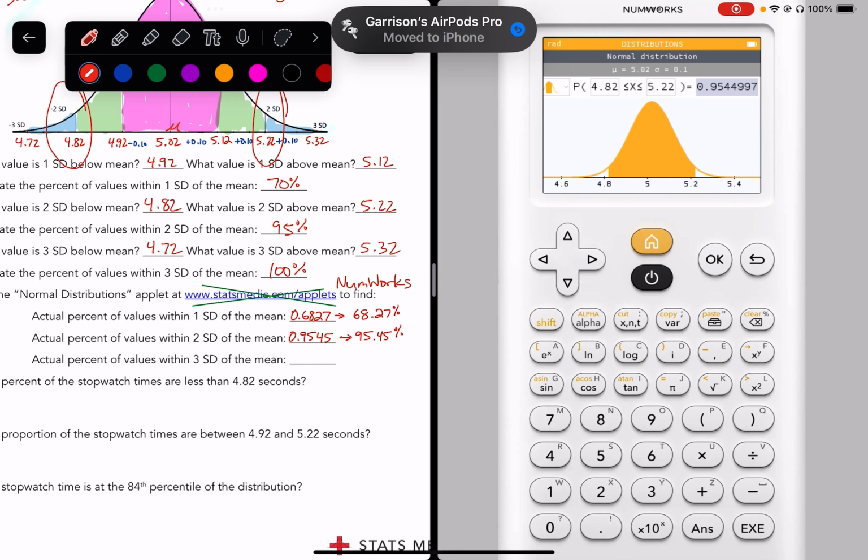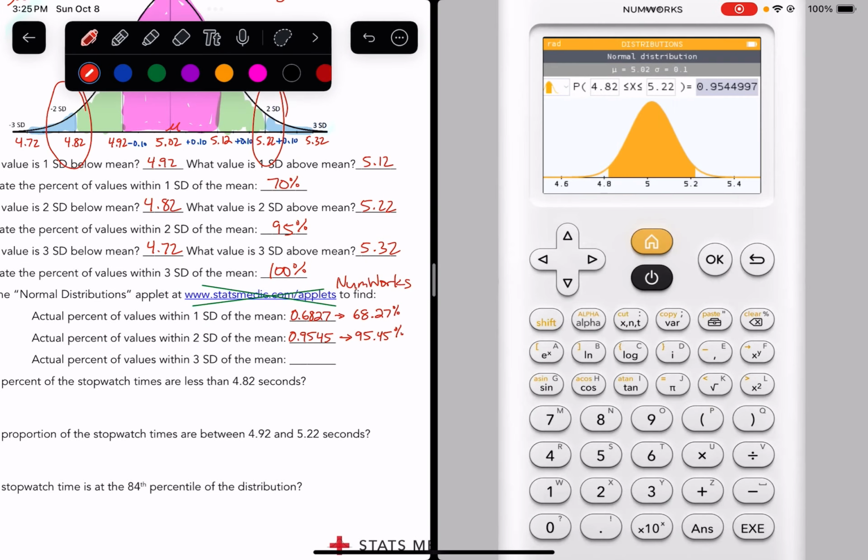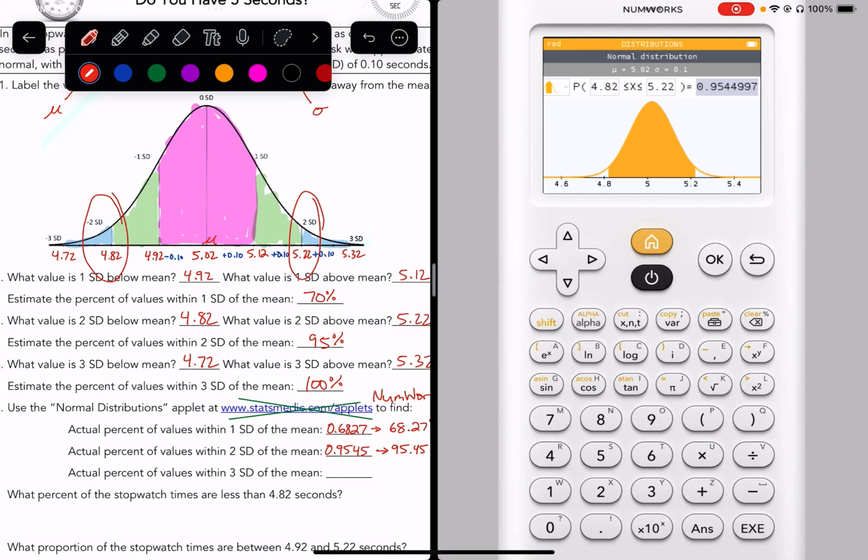Then the actual percent within three standard deviations will be from 4.72, right? -3 is at 4.72, all the way to +3 at 5.32.